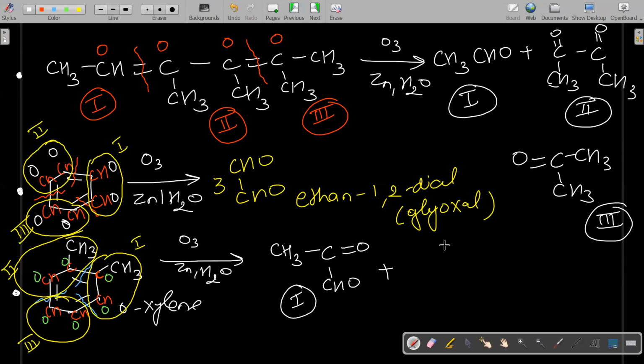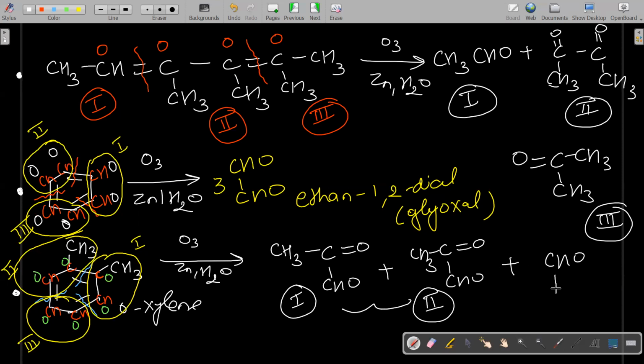That is also the same: CH3, C double bond O, CHO. So both the first and second products are similar. Okay, so we can write 2 moles also. Plus, what is the third product? That is CHO-CHO. This is the third product. So very easily you can identify and write any ozonolysis reaction.